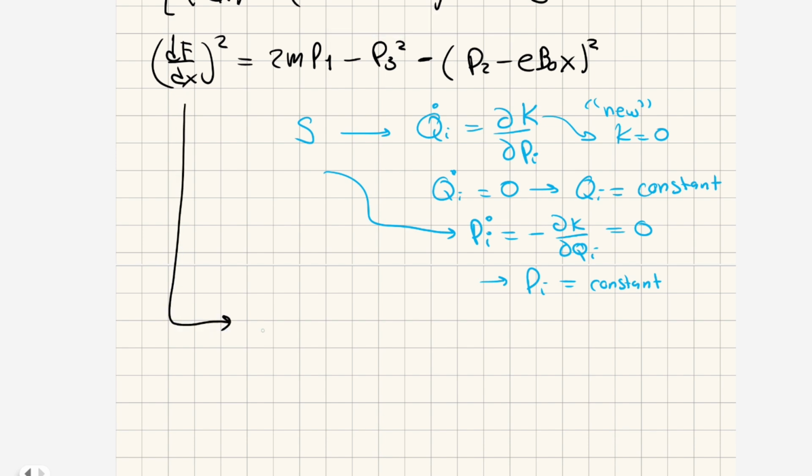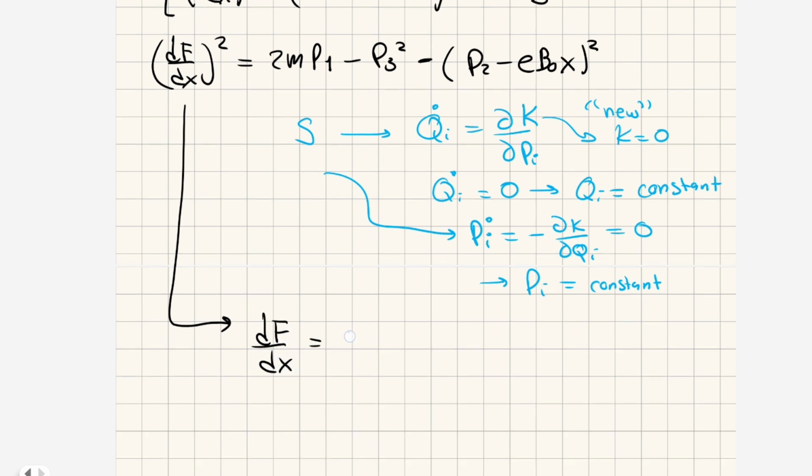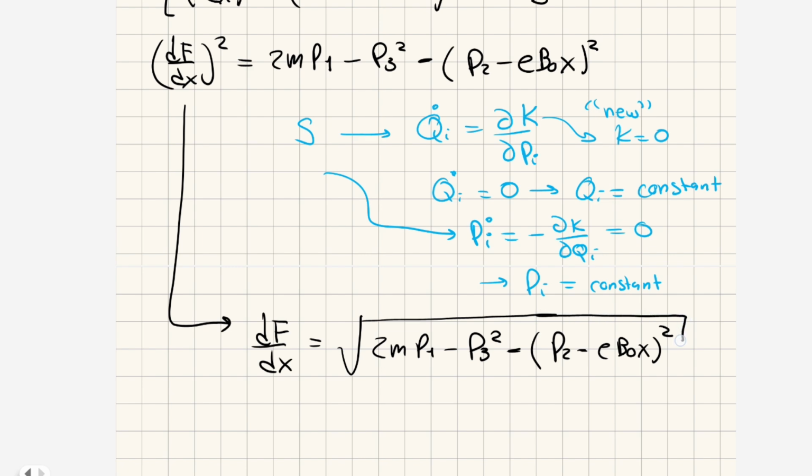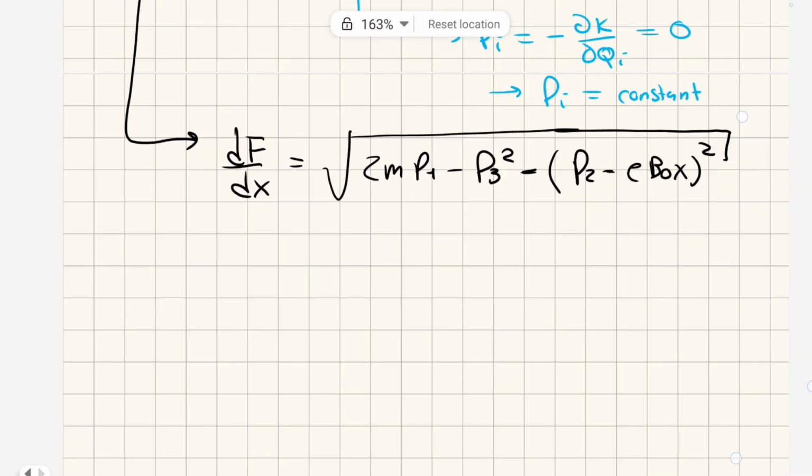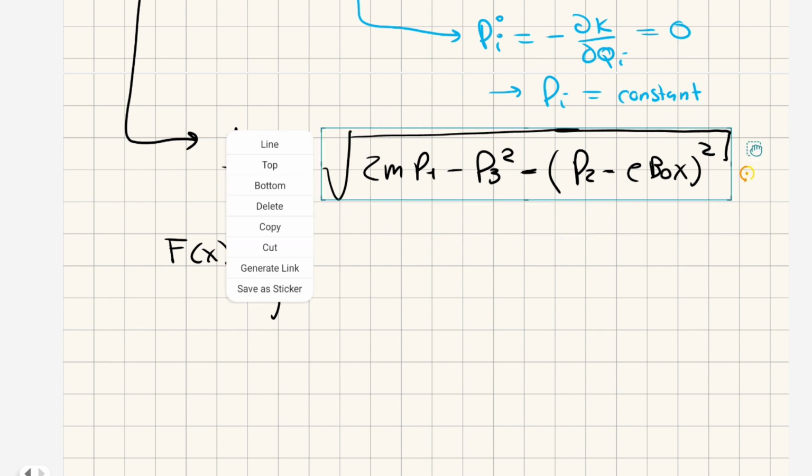Again, we will have that the derivative of f with respect to x is going to be equal to, remember that this is plus minus, but for convenience we are going to choose the plus solution. So this will be the square root of 2m p1 minus p3 squared minus p2 minus eb0x squared, like this. And from here we can get that f of x is going to be the integral of this whole square root that we have.